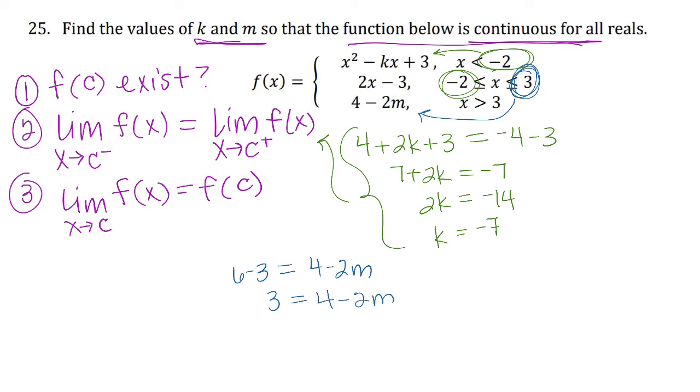And so let's see, subtracting 4. So m is 1/2. All right, so we found our variables. And again, last time here, just making sure we understand this whole setup right here is coming from the fact that the limit has to exist.